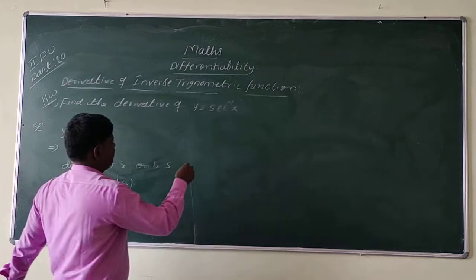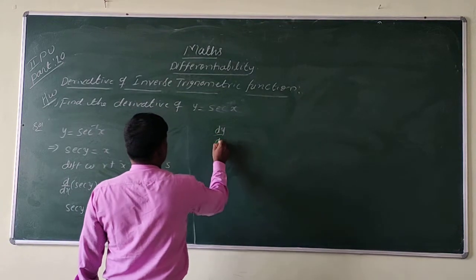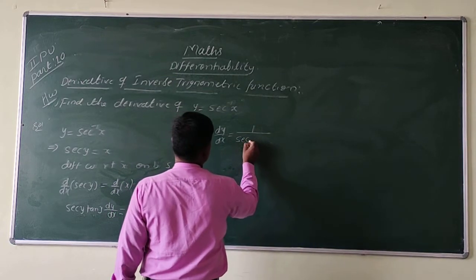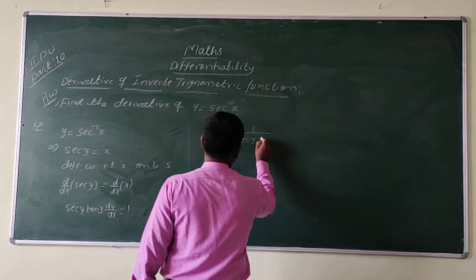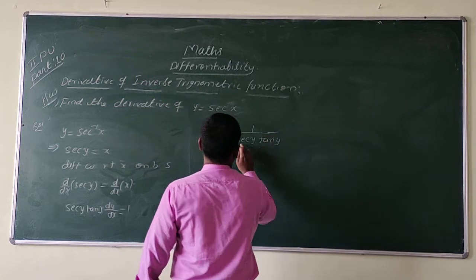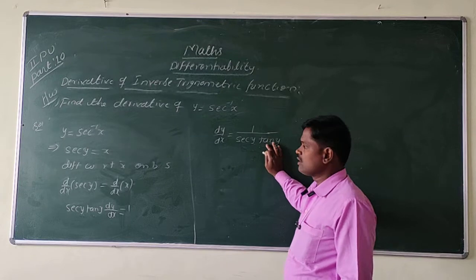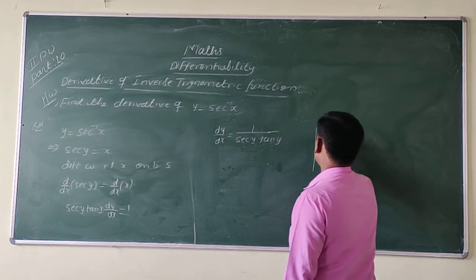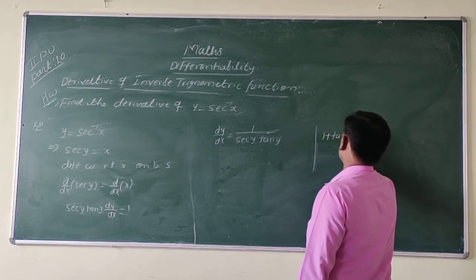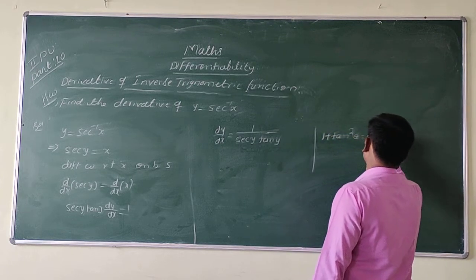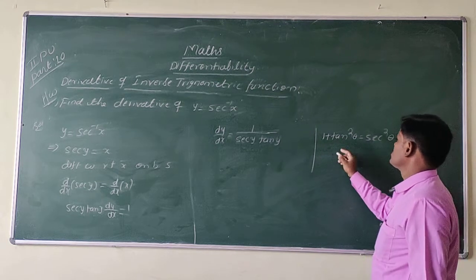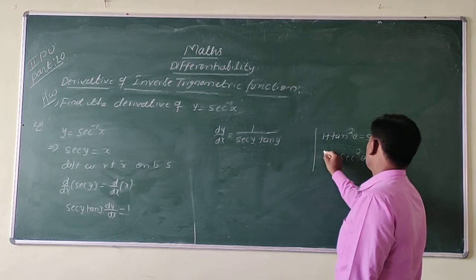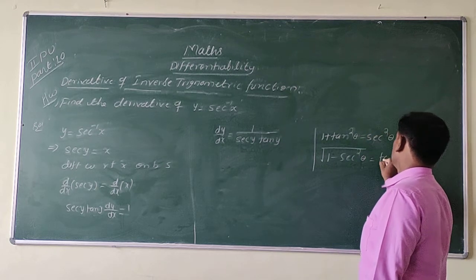Therefore dy by dx is equal to 1 by secant y into tan y. We are going to convert both the terms in terms of secant y, because secant y is nothing but x. Again by the property, 1 plus tan square theta is secant square theta.